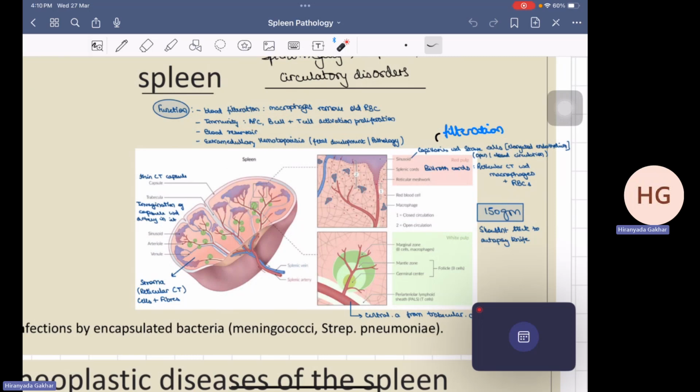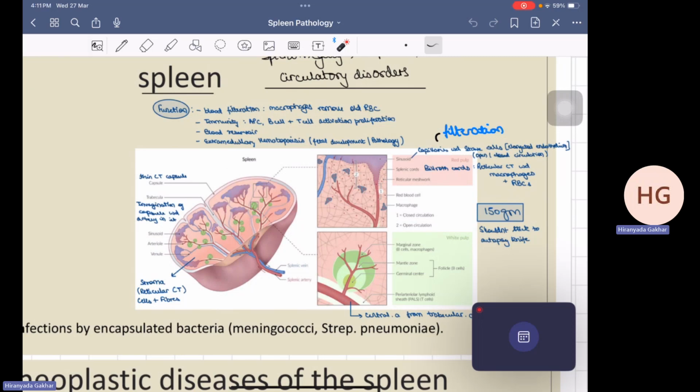It is also a blood reservoir and is responsible for extramedullary hematopoiesis. This is seen in fetal development or in bone marrow pathology when there is decreased production. To compensate for that, extramedullary hematopoiesis occurs in the spleen.